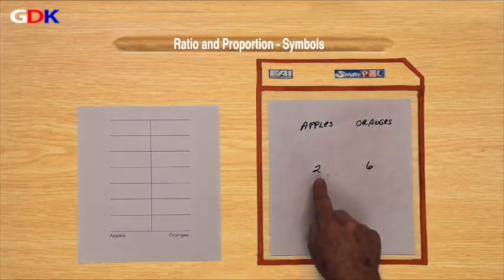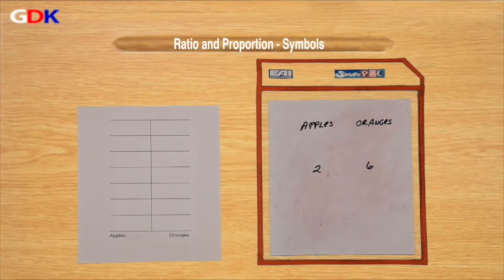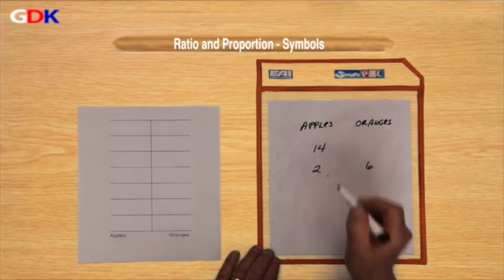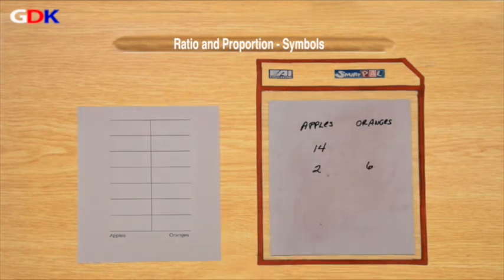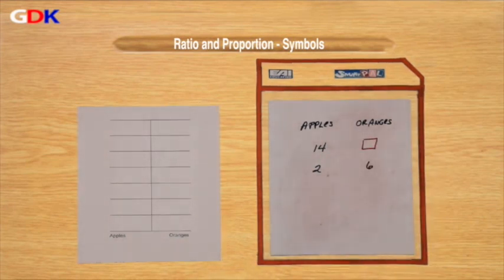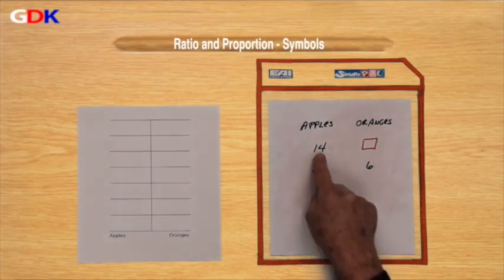So every time we give out 2 apples, we're going to give out 6 oranges. And the question is, suppose I want to give out 14 apples. How many oranges? And I'm going to put a red box here to represent the number of oranges that I would get if I had 14 apples.